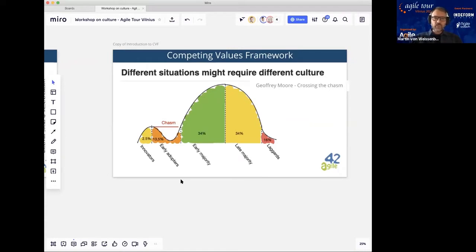Now, as you move over to the shrink wrapped product, that's when you would need a more hierarchical culture, okay? So that means that you would need to set up factories, you would need to have a factory head, factory manager. You probably need to have a CFO, you need to have a proper CEO.